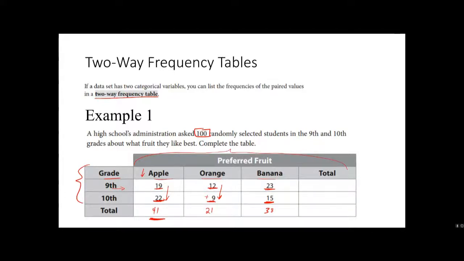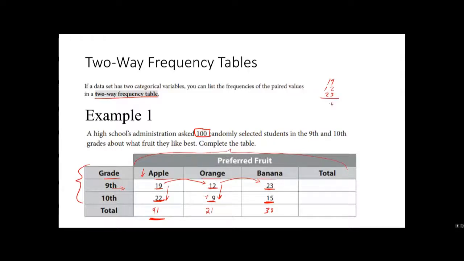Now, the total, if you look, we have 19 plus 12 plus 23 ninth graders voting for this, okay? So we have, again, 19 plus the 12 plus the 23.